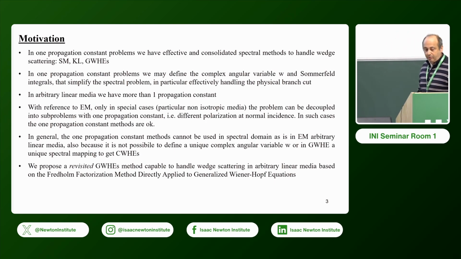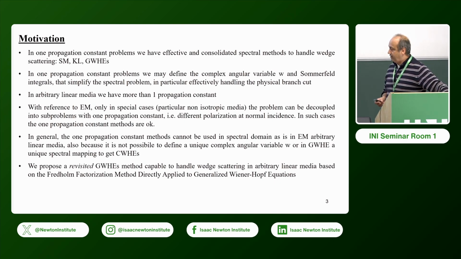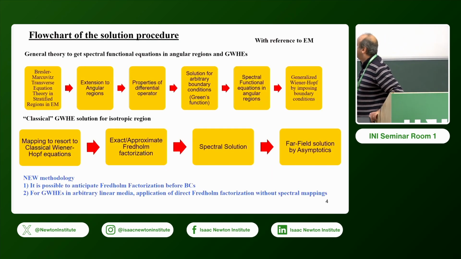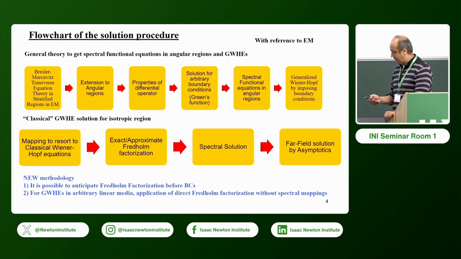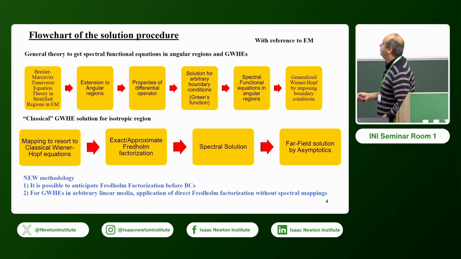We now propose a revisited generalized Wiener-Hopf equations method, capable of handling wedge scattering in arbitrary linear media, based on this new tool. So this is the flow chart of the classical solution of the generalized Wiener-Hopf technique for the isotropic problem, and then I will show some differences and additions that we are using now for this more complex media.